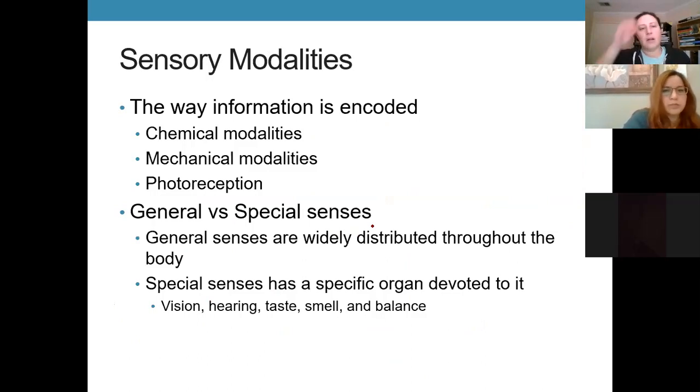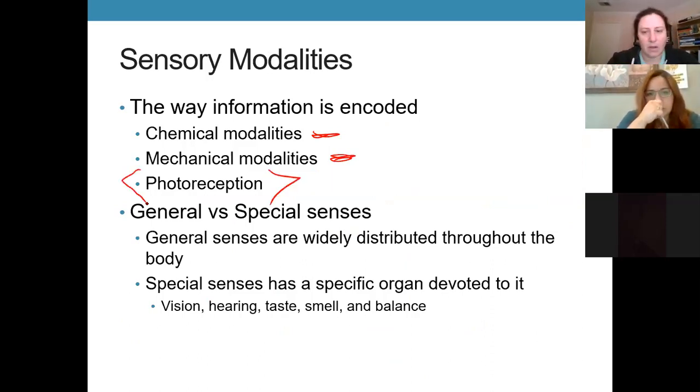Like I said, the sensory modality stuff is just how the information is encoded, and we're not going to worry about it too much, but generally we have differences between chemical and mechanical modalities, and photoreception is its own thing. One more touch on the general versus special senses, in case I haven't made it clear yet.